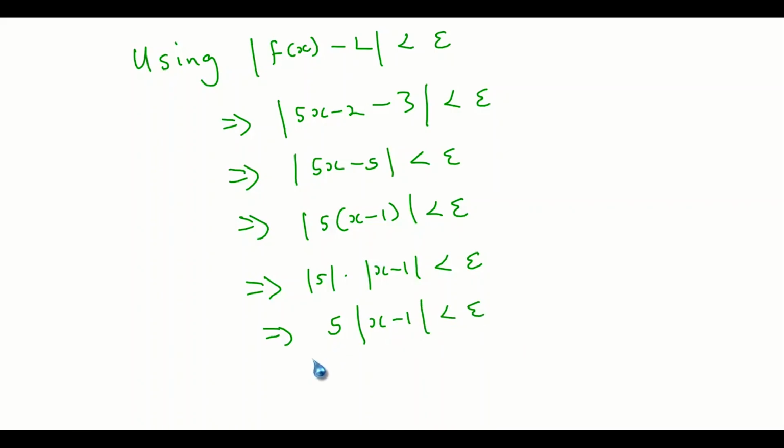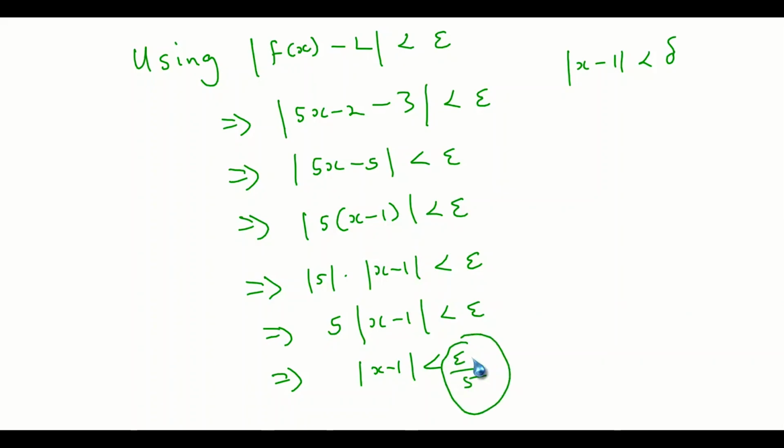If you compare this with the absolute value of x minus a, where our a here is 1, is less than delta, we need to take a step further. The absolute value of x minus 1 is less than epsilon over 5 when you divide both sides by 5. So you see that this is the value of our delta.